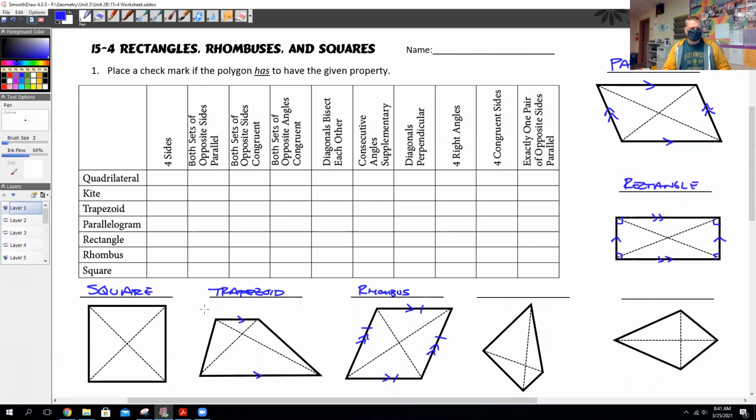And let's go back here to the square. These are right angles, right? All these things are right angles. These opposite sides are parallel. And then what do we know about all the sides of a square? All congruent. So all these sides are congruent as well. And then we'll worry about the diagonal stuff here in a little bit.